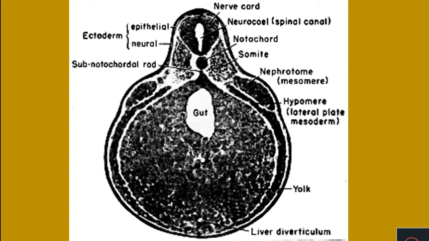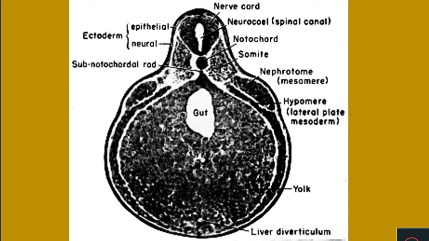And there is another mesodermal tissue here, which is intermediate between the dorsal and the ventral mesoderm, the intermediate mesodermal tissue. So you have a dorsal mesodermal tissue 1, intermediate mesodermal tissue 2, a ventrolateral mesodermal tissue 3.